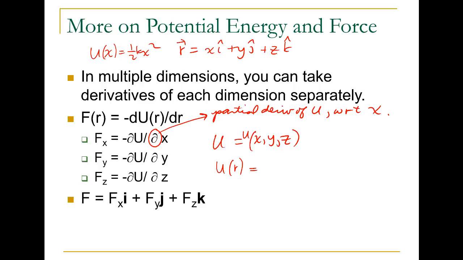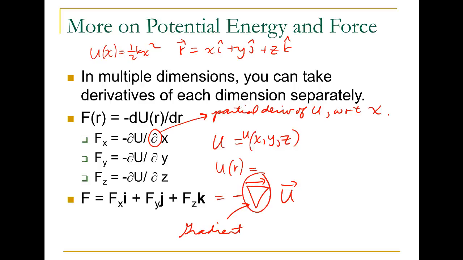Okay, now this has a special name, and what we do is, when we take the partial derivative with respect to x, y, and z, we call that the gradient of u. Okay, so this symbol right here is called the gradient. That's a very important math symbol.